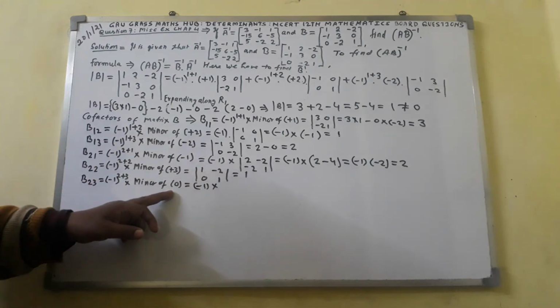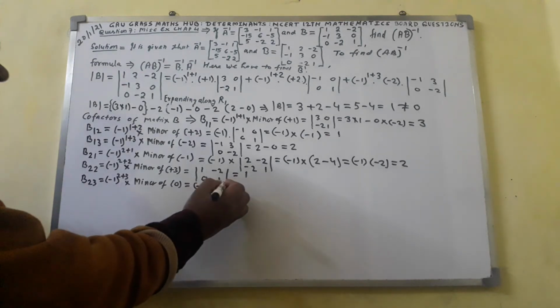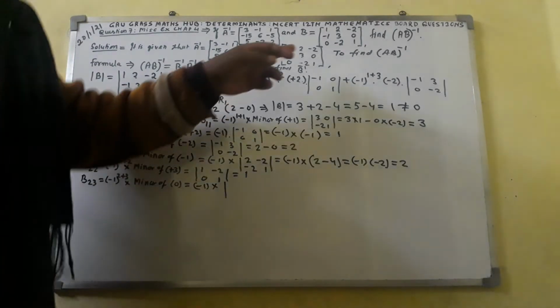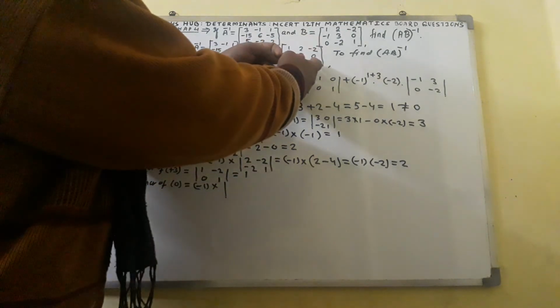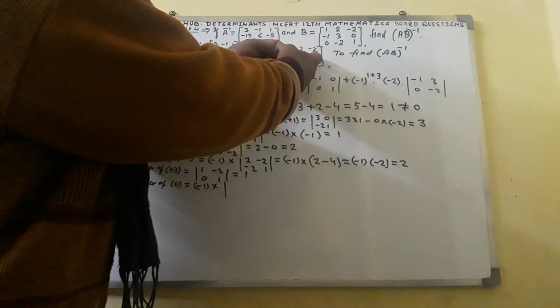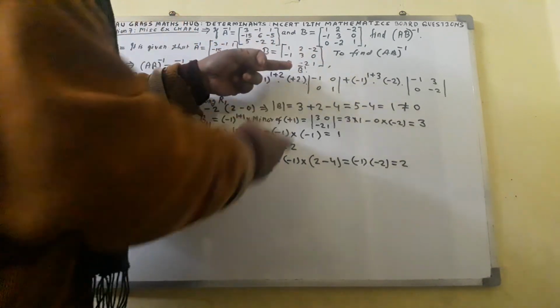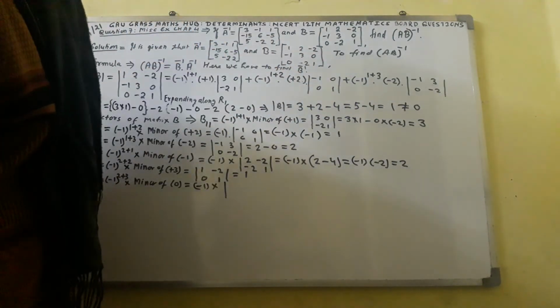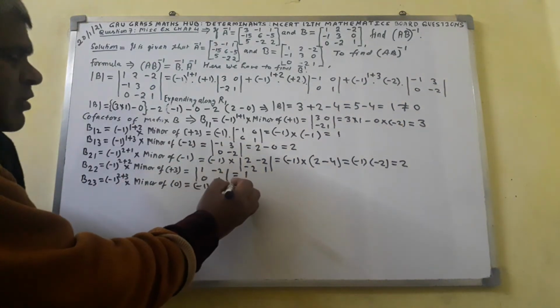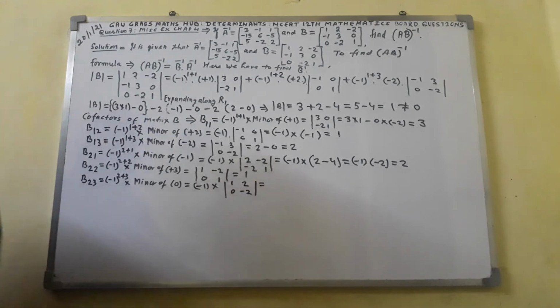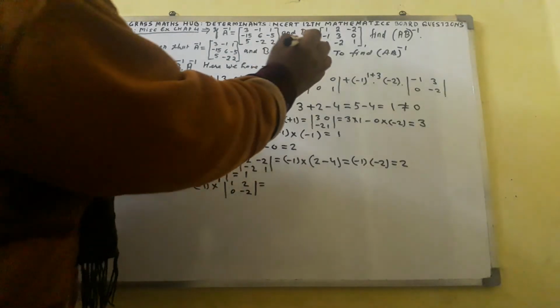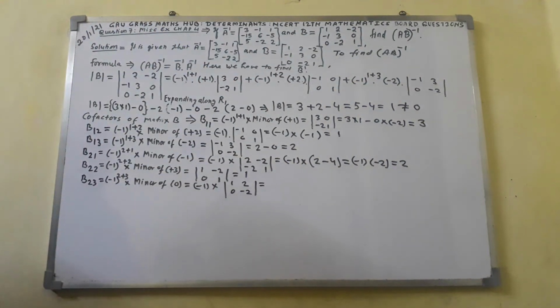Minor of 0 will get here. This 0 is there in second row and third column. The second row and third column will be hidden. We will get the minor as 1 0, 0 -2. This one we will get.